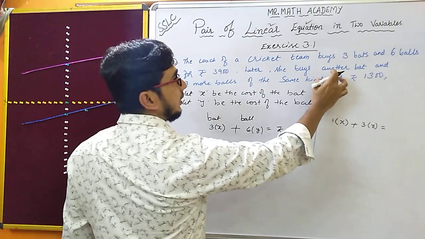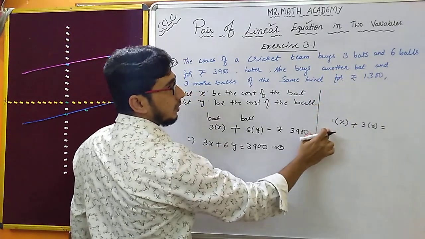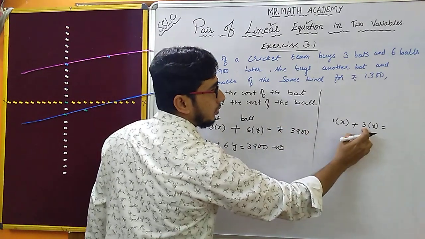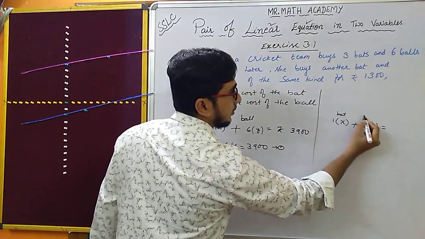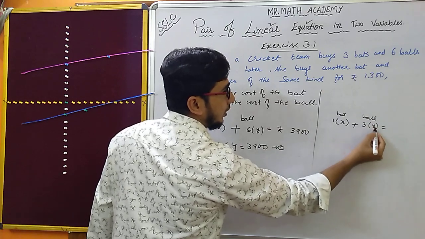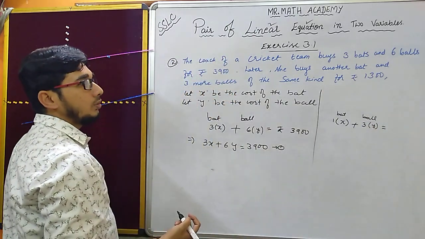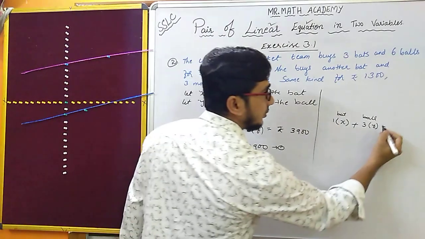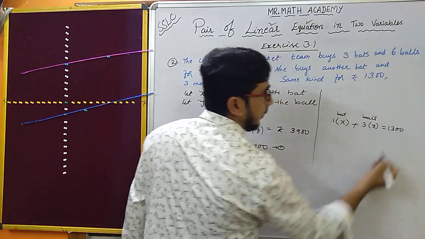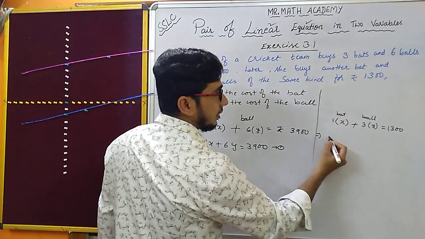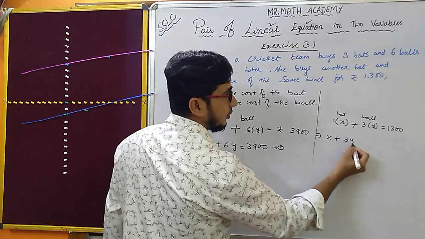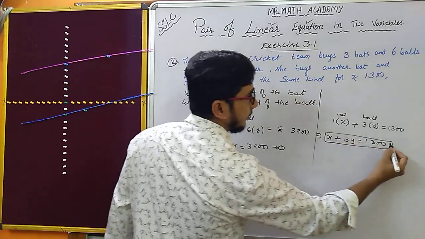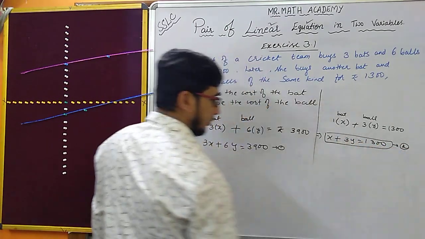She buys another bat and 3 more balls. Altogether same kind of bat and ball, and that cost is 1,300. So which implies x plus 3y is equal to 1,300. This is equation 2, and this is equation 1.